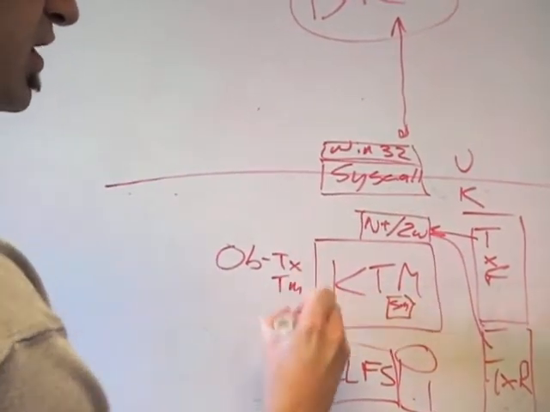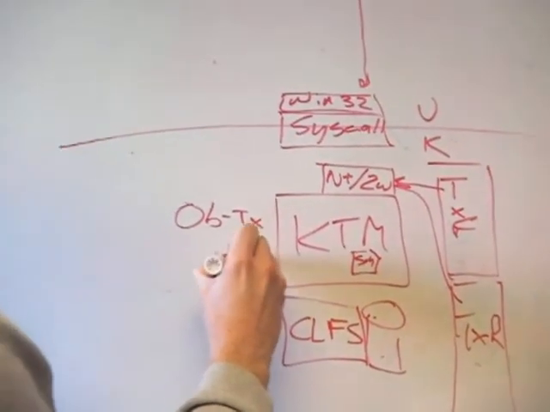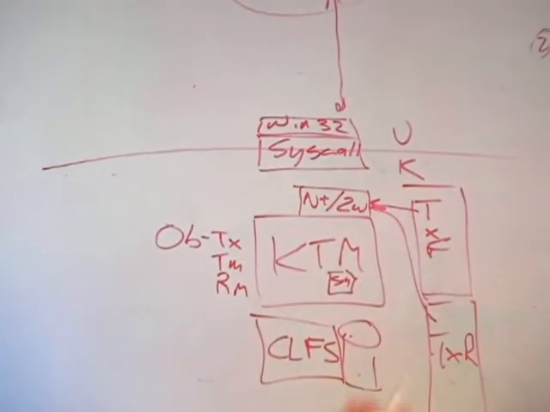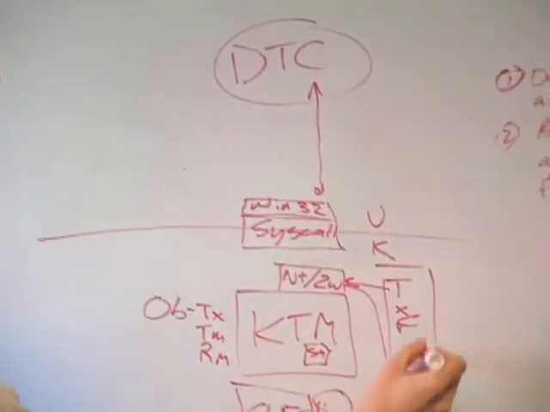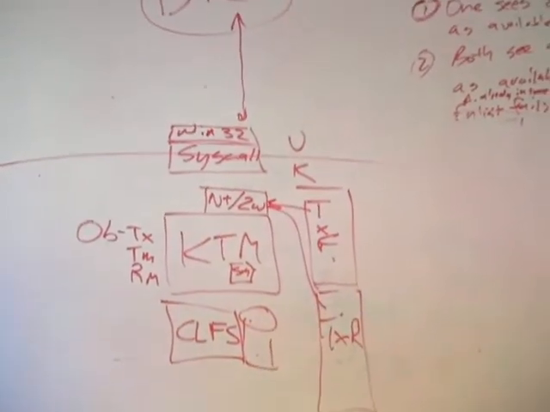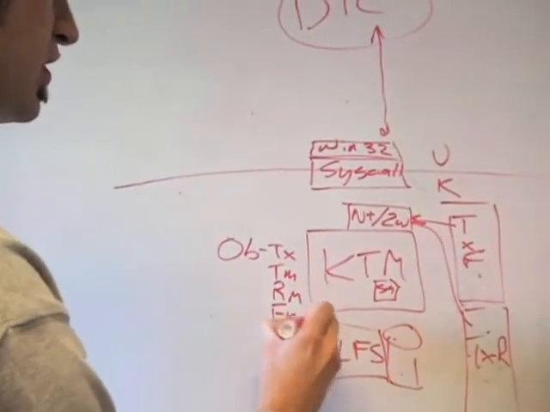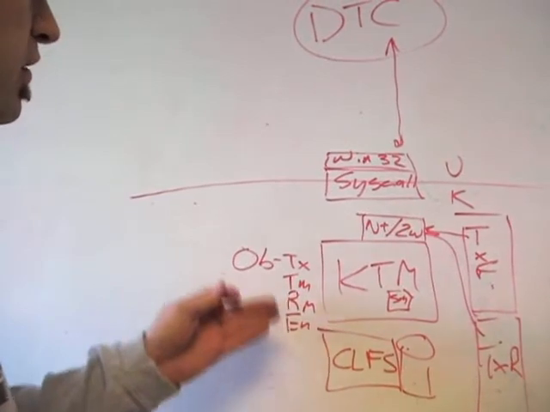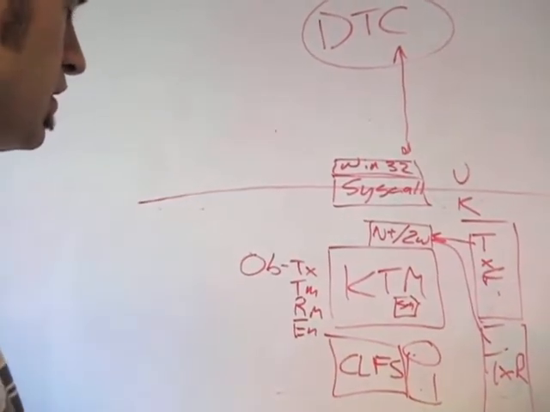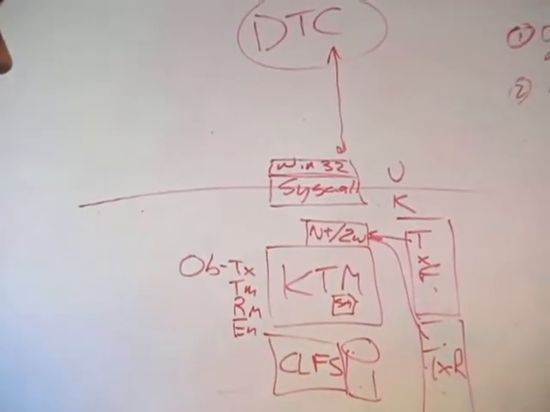Transactions get logged in TMs, which are represented by a log file, and then there are RMs, resources that take part in transactions. So every TxF volume is an RM, every registry hive is an RM. And then RMs enlist on transactions, so the state of the relationship between an RM and a transaction is represented by an enlistment object. So those new object types get exposed, along with APIs to manipulate them.